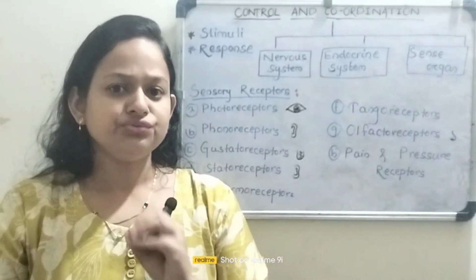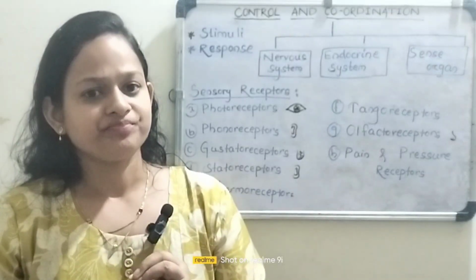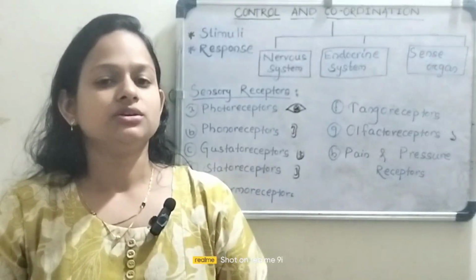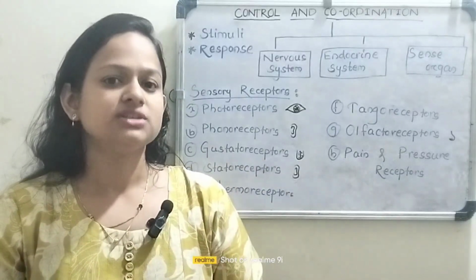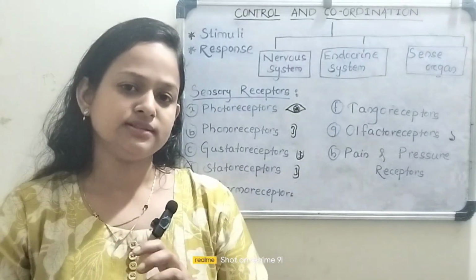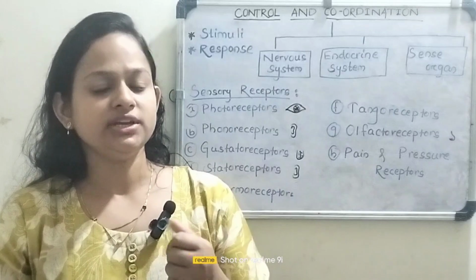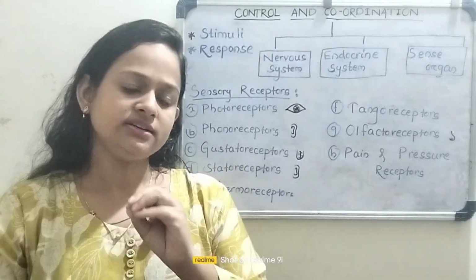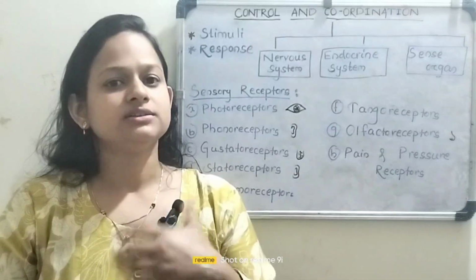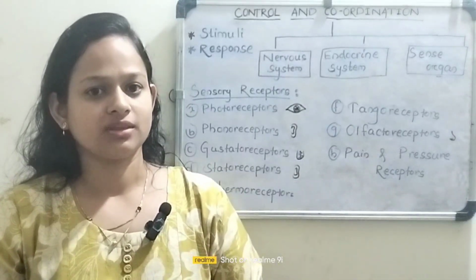So the neuron acts as a receptor which takes the stimuli and sends it to the sensory nerve. Then the sensory nerve picks up the stimuli and sends it to the effector, and the effector shows its action.